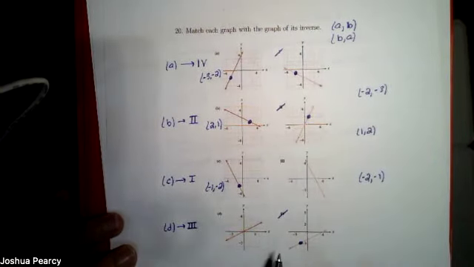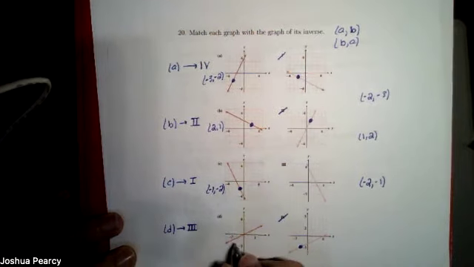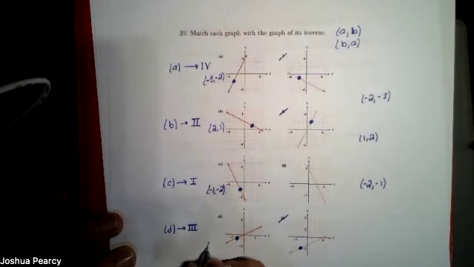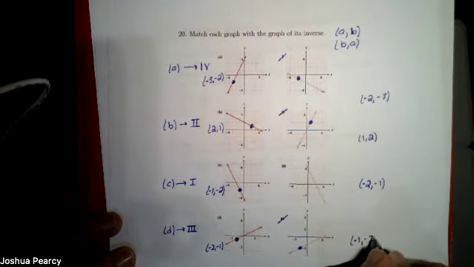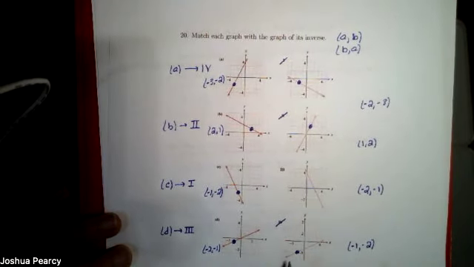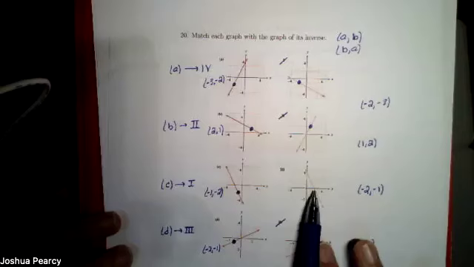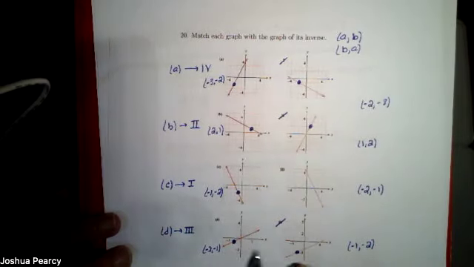But let's verify it. So if I look at an ordered pair here, we could say (-2, -1) is one of them here. So the inverse must have the point (-1, -2). You can't actually see it on this one, but let's continue on and try another point.